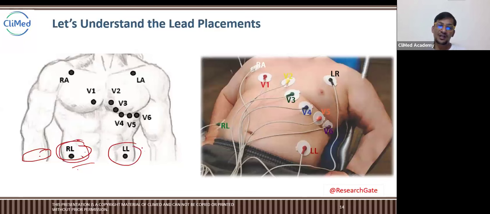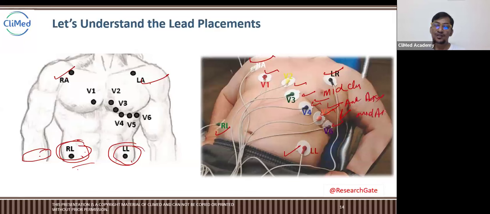In the original image you can see left leg, right leg, then right arm, left arm, then V1, V2, V3, V4, V5, V6: mid clavicular, anterior axillary, mid axillary.